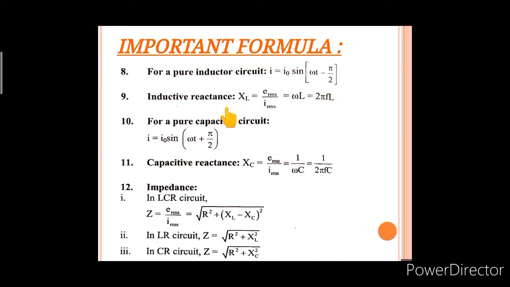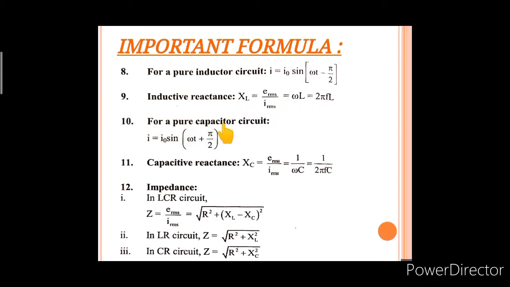Here we get the inductive reactance, denoted as XL, and the value of XL is given by the formula E_RMS upon I_RMS, that is, we take the ratio of the RMS value of the EMF and current. Also the inductive reactance is omega L, which is equal to 2 pi F L, where F is the frequency of the AC supply.